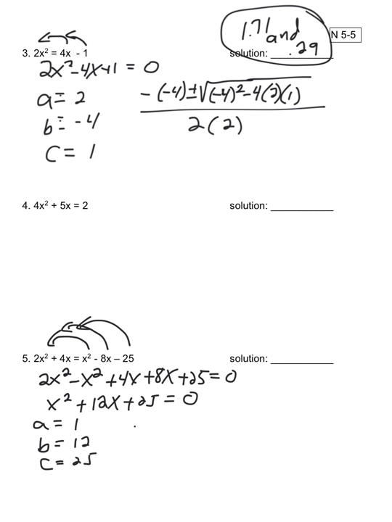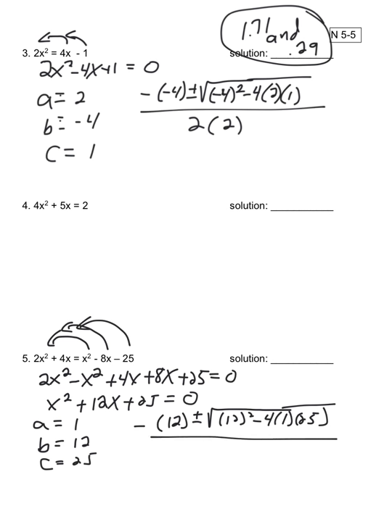Okay, so I've got minus our B, which is 12, plus or minus square root. Okay. B squared, that would be 12 squared, minus 4 times A, which is 1, times C, which is 25, all over 2 times A, which is 1.